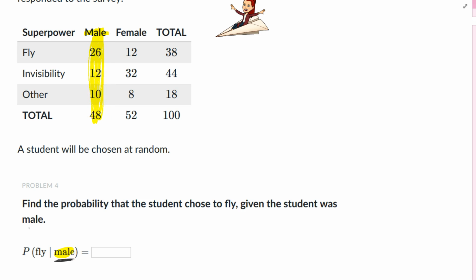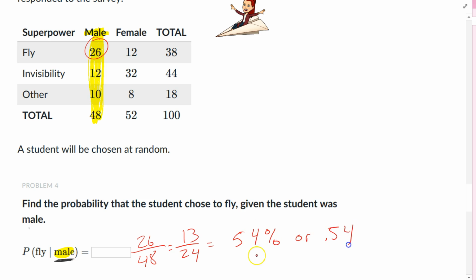And I want to know specifically the probability that, out of that group, they chose flying. So that would be 26 over 48, which would equal 13 over 24, which would then be 54%, or 0.54.